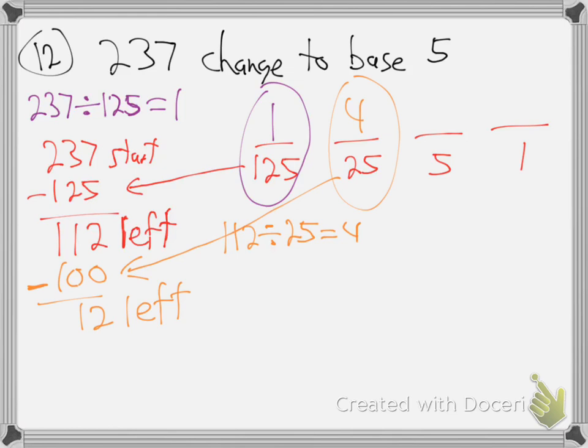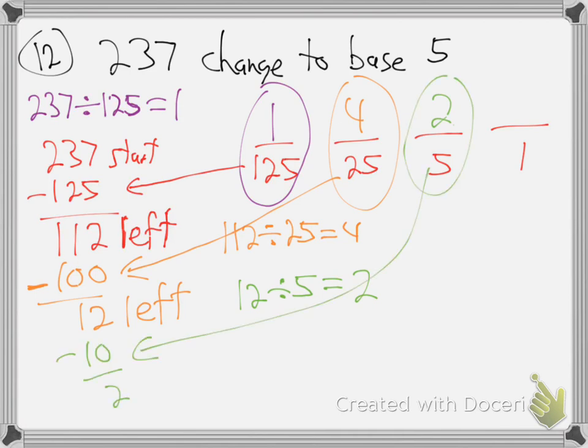Is this good? Then we take the 12 that are left, and we divide by 5, which is 2 with a decimal remainder. So 2 nickels, which you know is 10. Subtract that, 2 left, the final 2. There it is. So the answer is 1422 base 5.